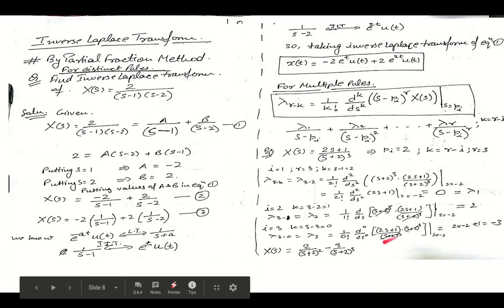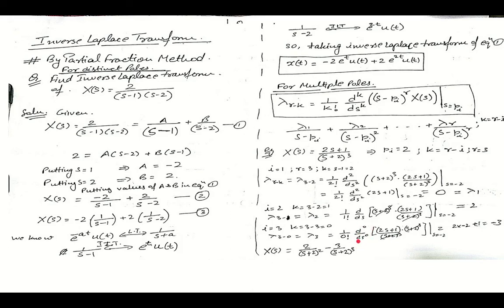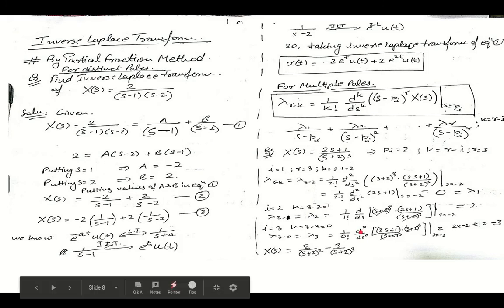So (s plus 2) whole cube and (s plus 2) whole cube cancel each other. This d to the power 0 upon ds to the power 0 doesn't yield anything, since it is to the power 0, it means 1. And since it is 0 factorial over here, the value is 1.